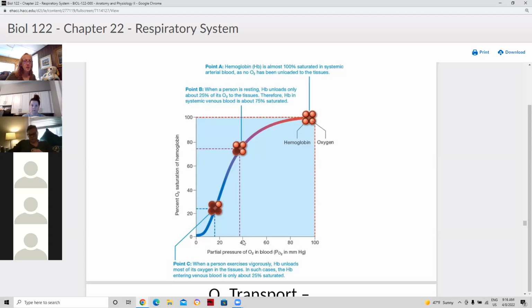At 40 millimeters of mercury, hemoglobin will only unload about 25% of its oxygen. Therefore, in venous blood that has an average partial pressure of oxygen of 40 millimeters of mercury, the hemoglobin is about 75% saturated.